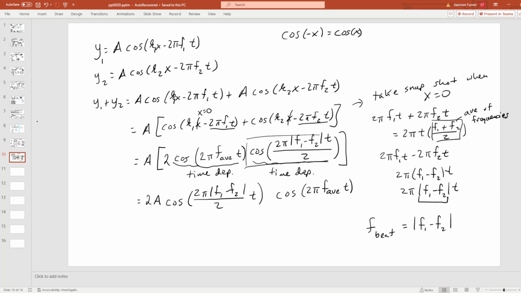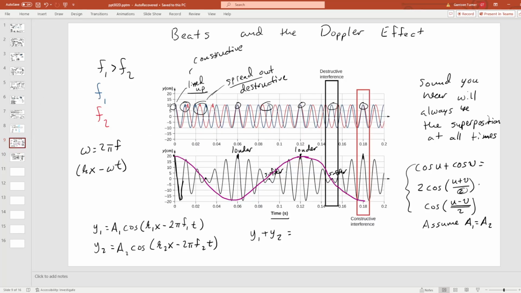Well, let's come back up here. Your envelope kind of bounds everything. But you can see that this has a wavelength of this.